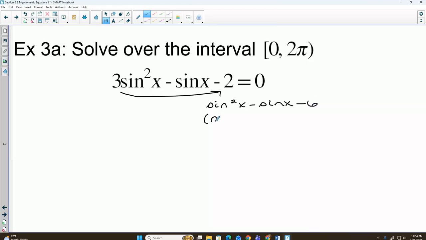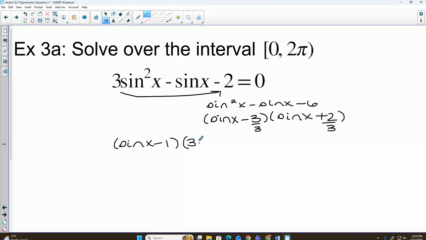I would factor into sine x minus 3 and sine x plus 2. Okay, we have to divide the 3 back. Is everybody with me to that point?